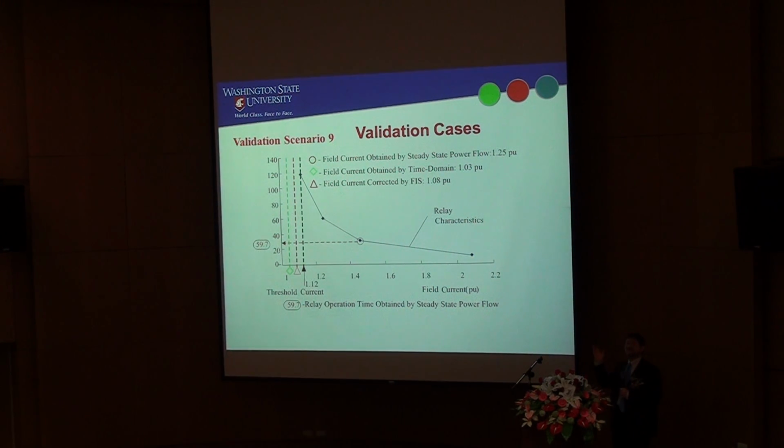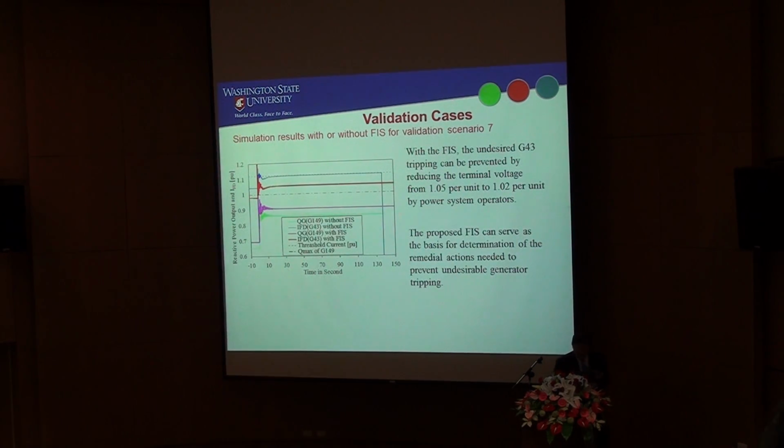If you just do steady state to try to predict something dynamic, in this case it shows it doesn't work all the time, right? So this is an interesting case.